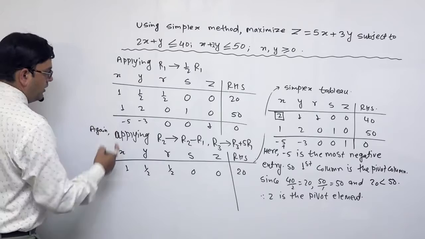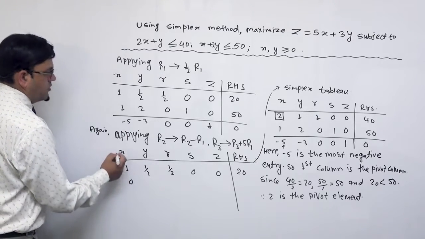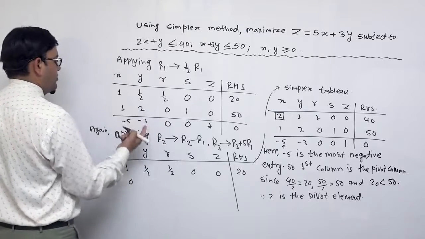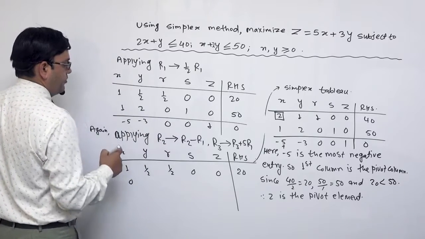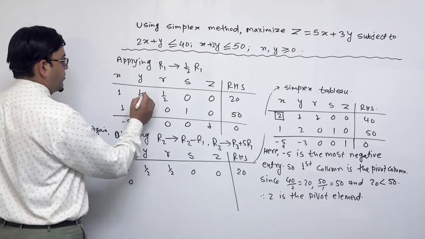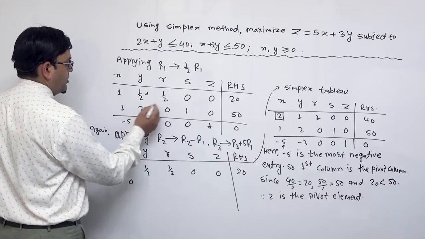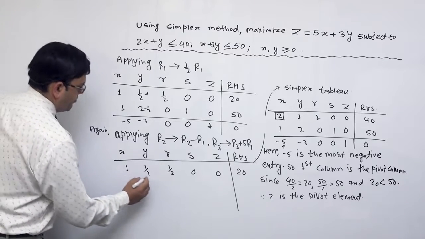Now here 1, this one is 0 because R2 changes into R2 minus R1, 1 minus 1 is 0. So 2 minus 1/2, what is 2 minus 1/2? 2 to the 4, 4 minus 1, 3/2.